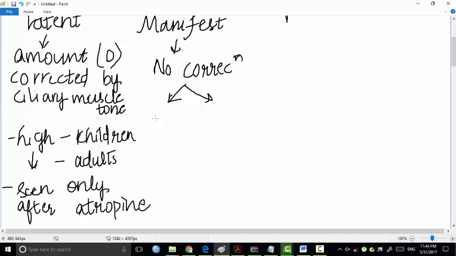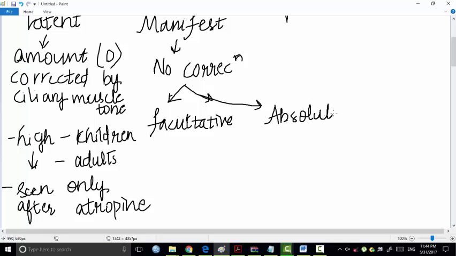The first type is facultative hypermetropia, and the second type is absolute hypermetropia. Facultative hypermetropia is basically that part which is corrected by the patient's effort.